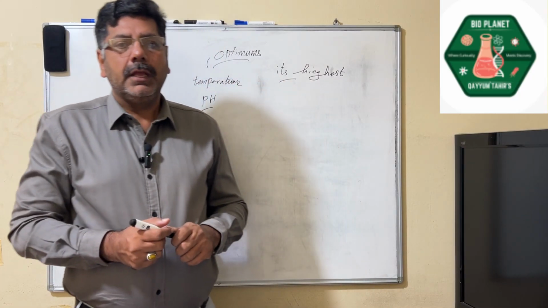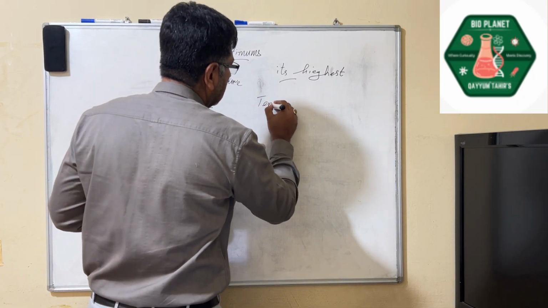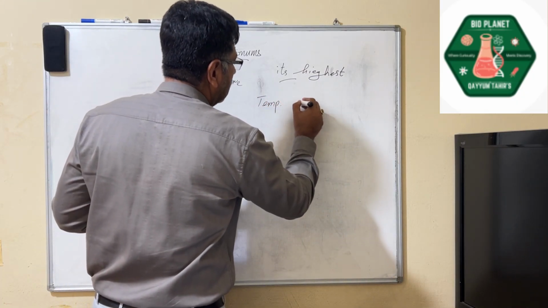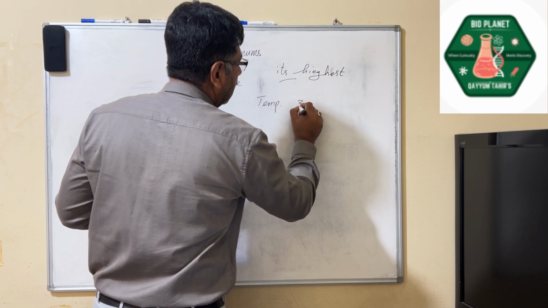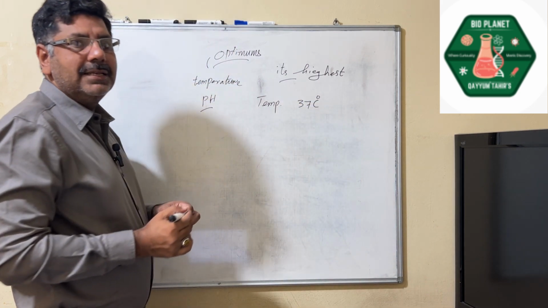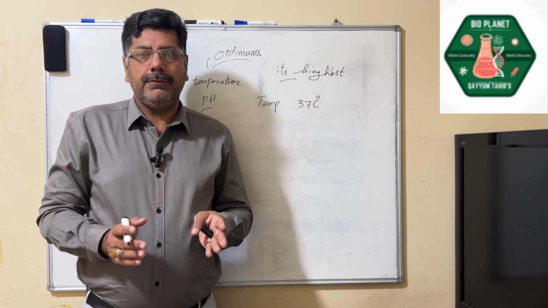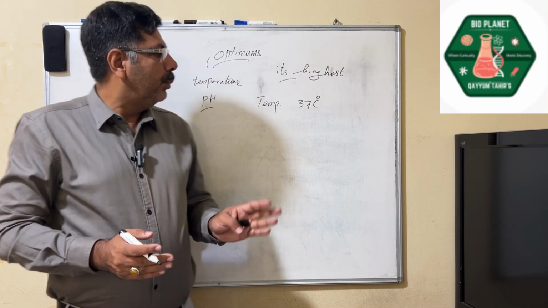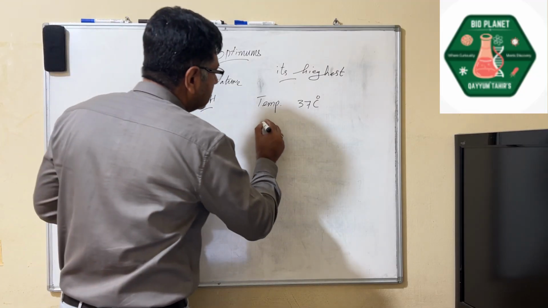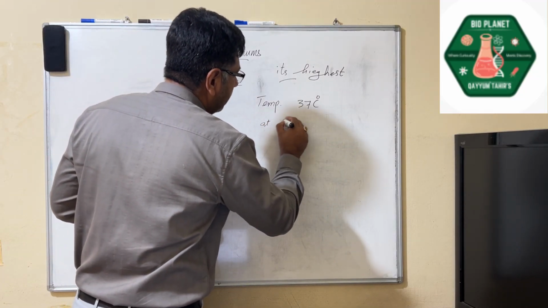For example, the temperature value of a human being is 37 degrees centigrade. It's the normal temperature of a human being where all the enzymes work at their best.